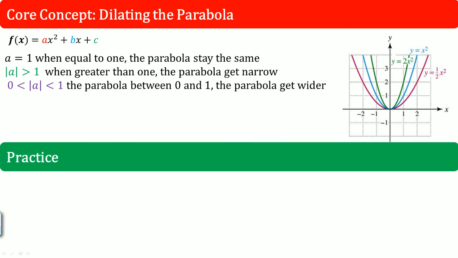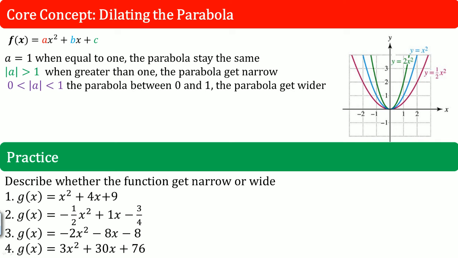Here's the practice problem. The 4 problems that we have here, we just have to tell if it was narrow or wide based on the original function. The original was f of x is equal to x squared. So we're going to compare that to x squared. Okay? Let's do that here.